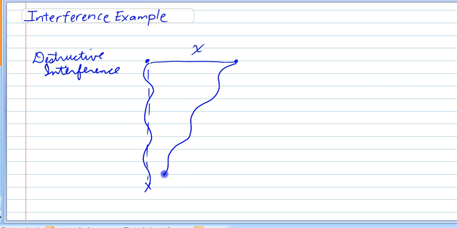If one of them is a crest, we need the other to be a trough. That's how we get something like this. They're going to cancel out because if I superimpose them, one of them will go up and come down and the other one will do the opposite.